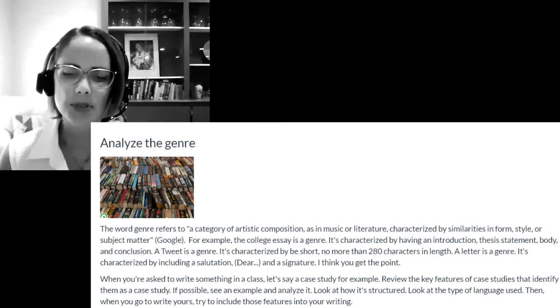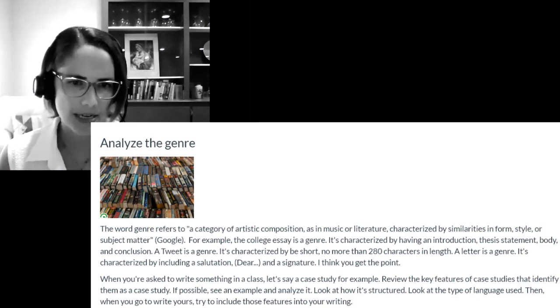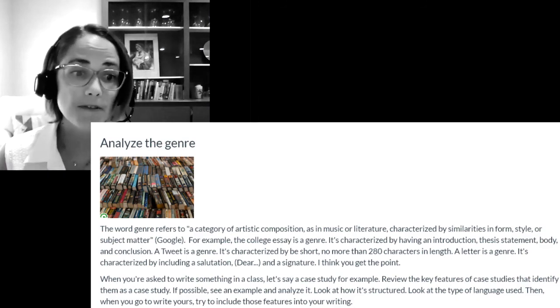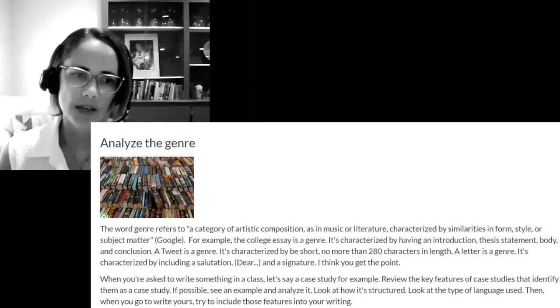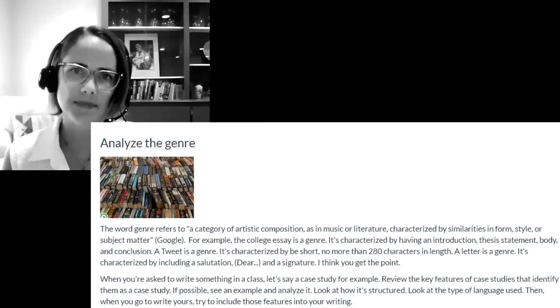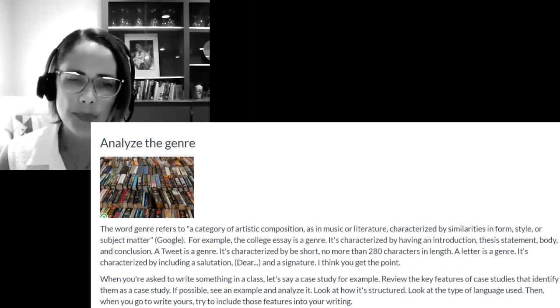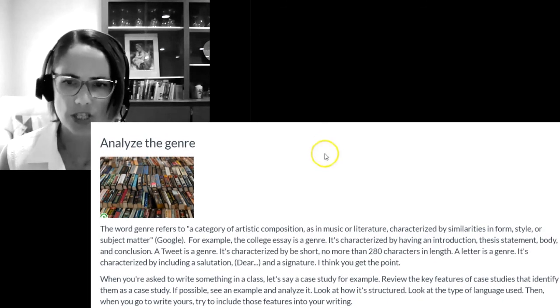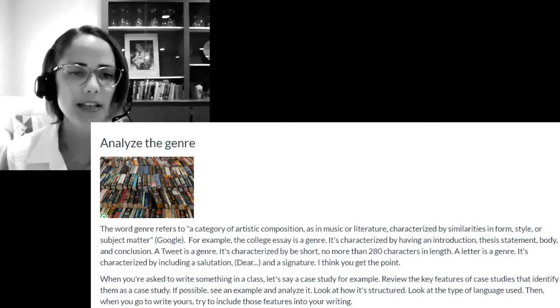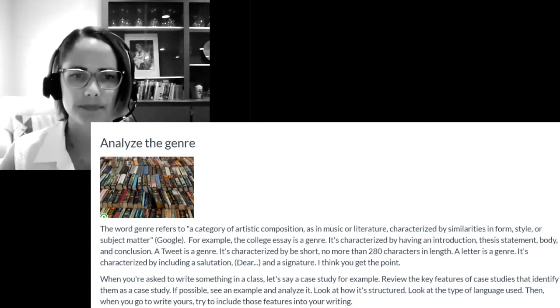It's the simple step of first looking, listening, and learning, exploring the genre of writing before you start to write, okay? So if you are going to write an essay, you will try to read 3 or 4 different example essays. And while you're reading those example essays, you look at how it's structured, you analyze it, look at the type of language that's used, and then you begin to write your own.